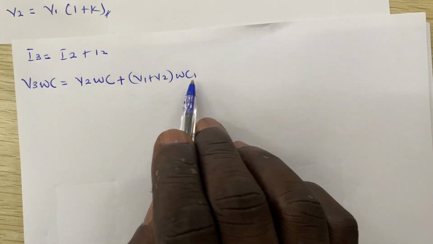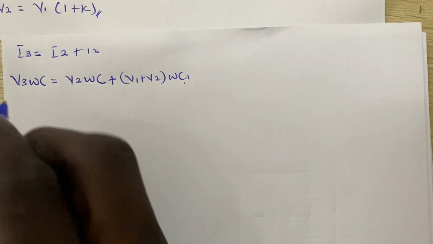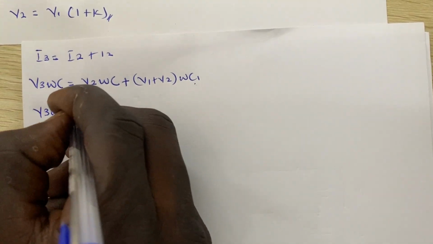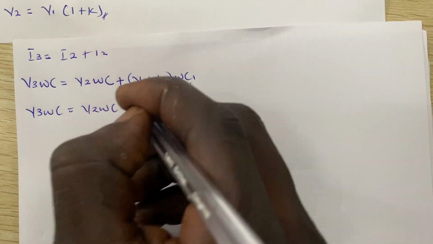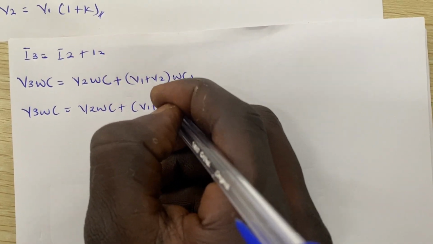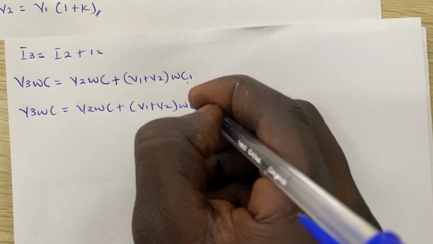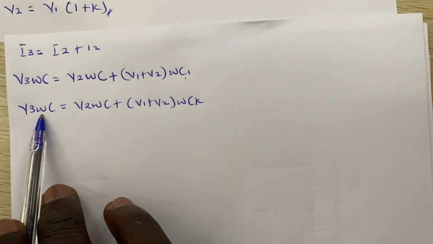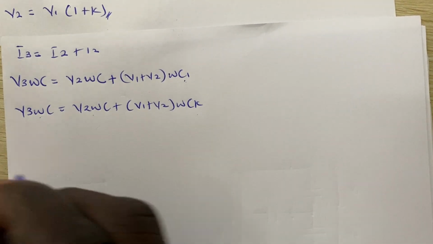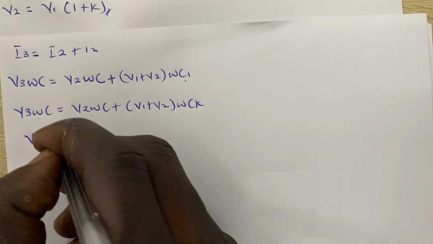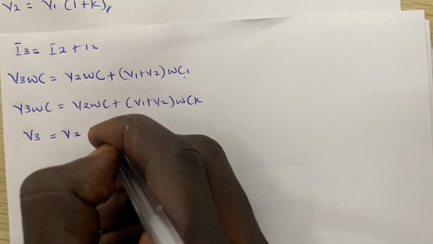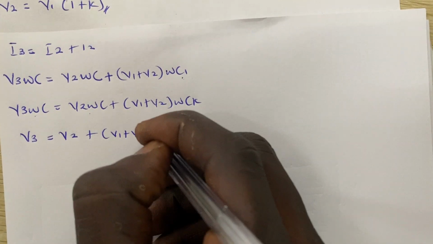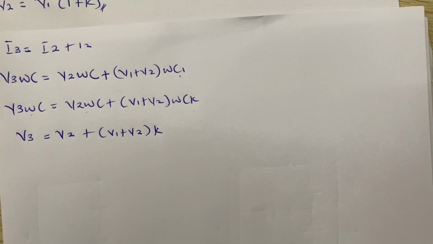And now we can represent omega C1 by CK. So we are getting V3 omega C is equal to V2 omega C plus V1 plus V2 omega CK, right? We know that omega C is common to all of them, so we can cancel that out and get V3 is equal to V2 plus V1 plus V2, and then multiplying by K, right?